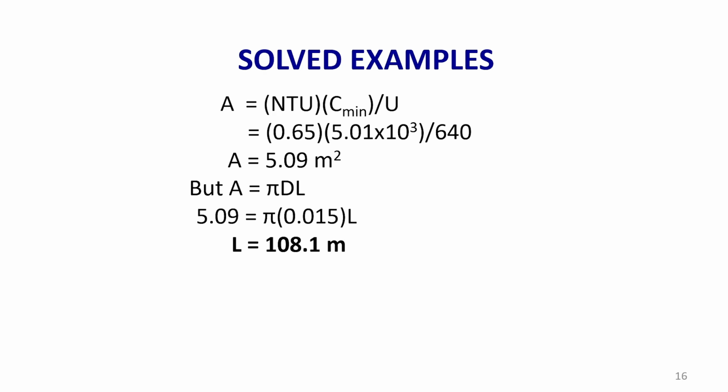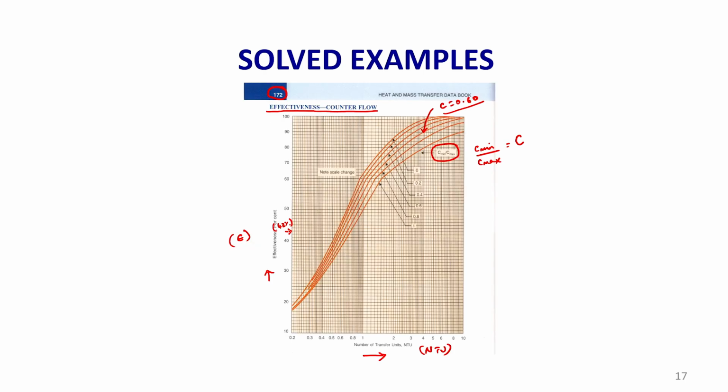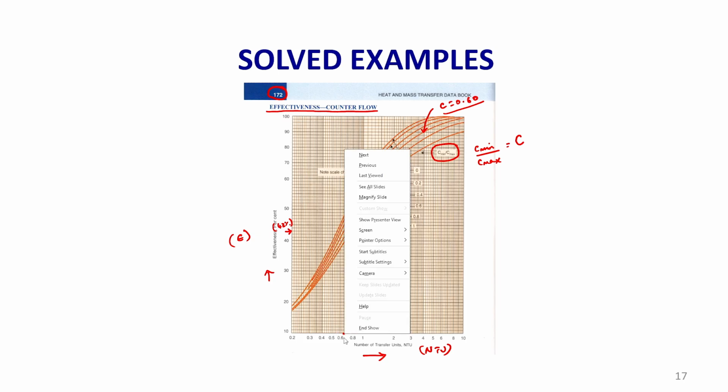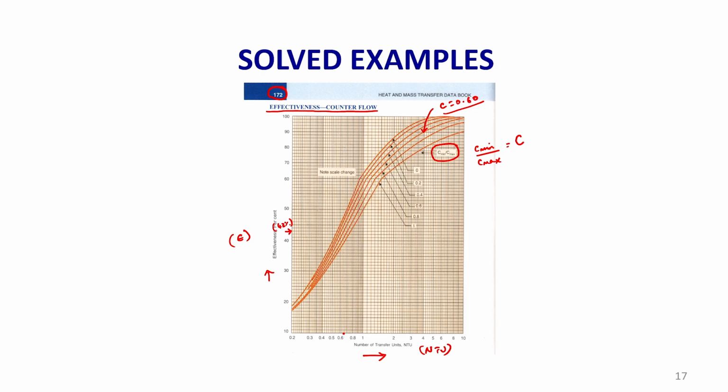If we find out the NTU, this line and here, from the third, fourth curve, you will get the intersection point. Vertically, if you find this one, here it is 0.65 and the x axis is NTU.